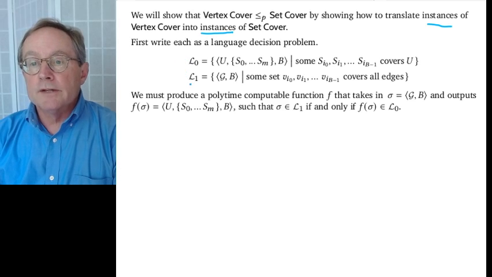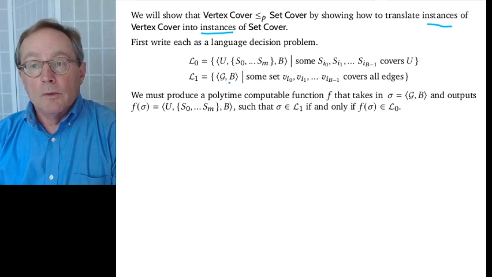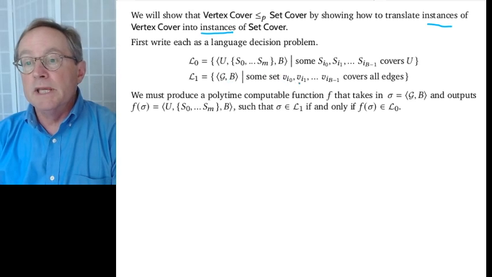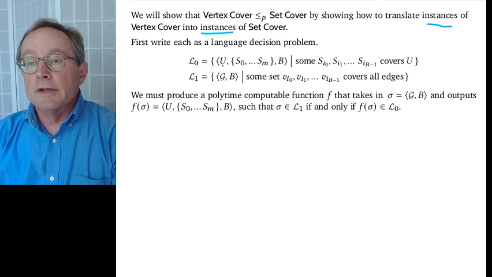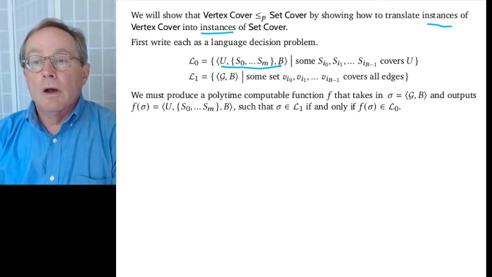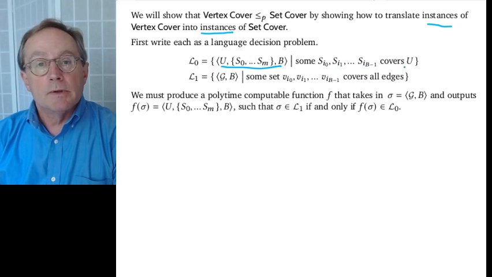So in vertex cover, instances look like G comma B. And we're imagining that some set of B many vertices covers all the edges. Instances of set cover look like U comma set of capital S's comma B, where B many of the S's cover capital U.